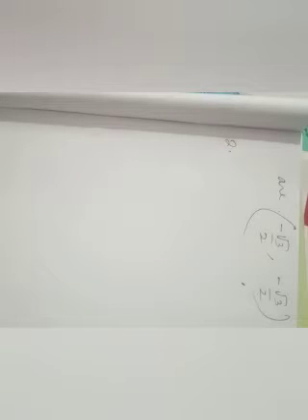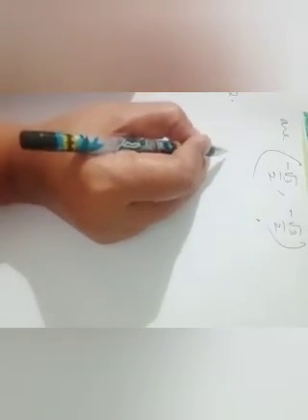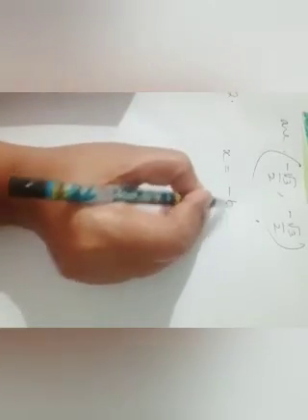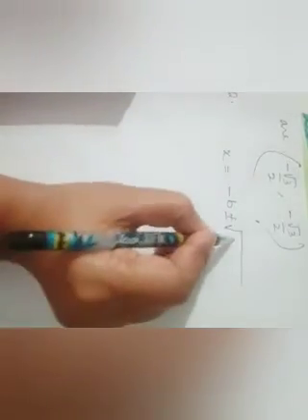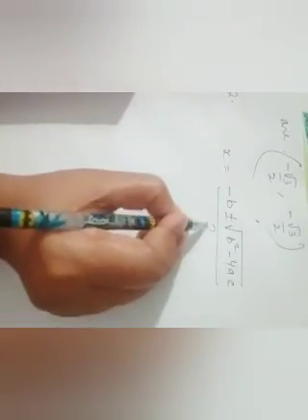The quadratic formula to find out the roots of a given equation is x is equal to minus b plus minus root over b square minus 4ac by 2a.